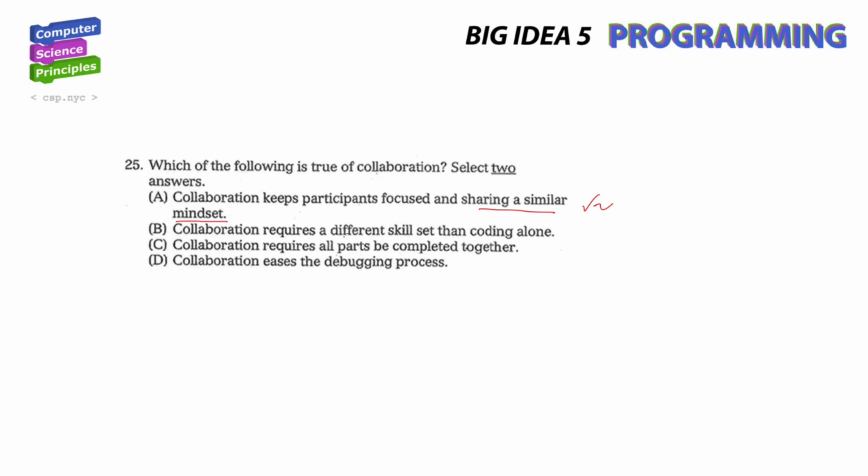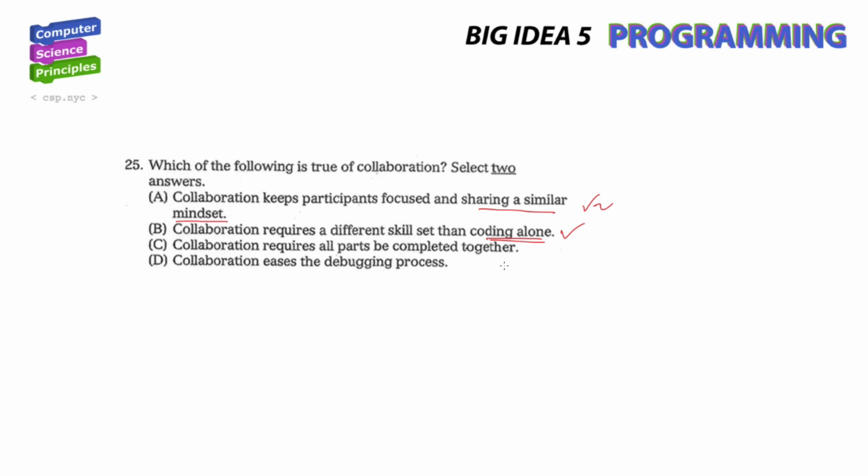B is collaboration requires a different skill set than coding alone. When coding alone, you can be very introverted, and collaboration requires more teamwork and a completely different set of skills as well. So yeah, you don't have to be completely extroverted, but you need to be a little social with solving these problems. So I would say that B is looking good. C, collaboration requires all parts to be completed together.